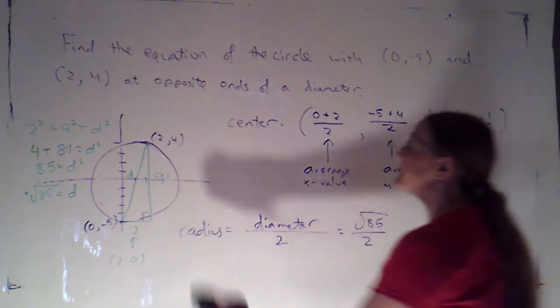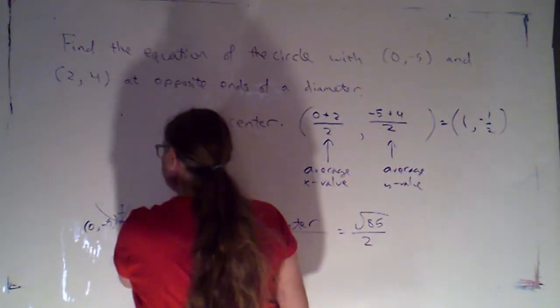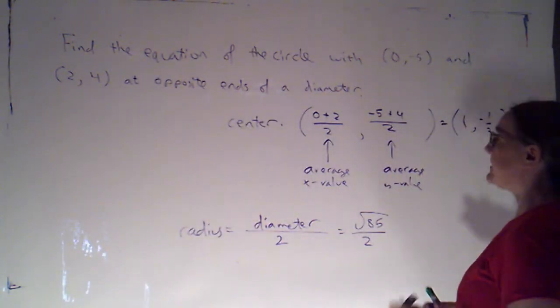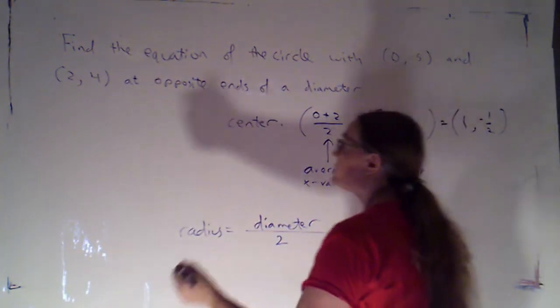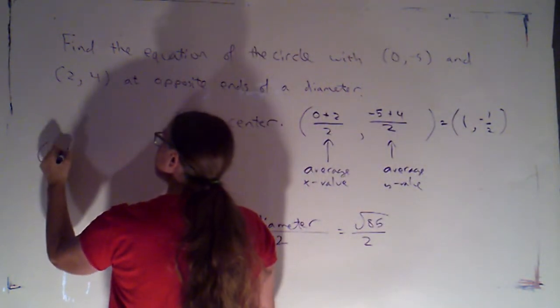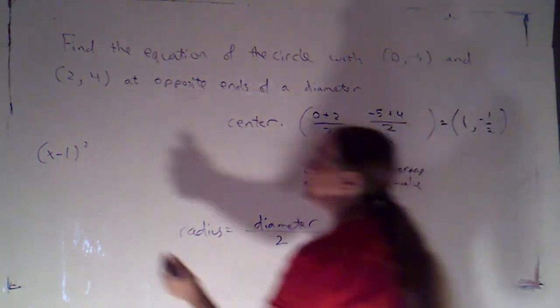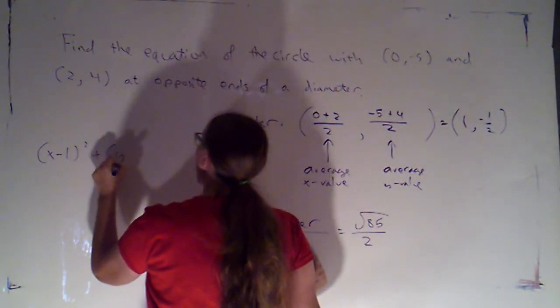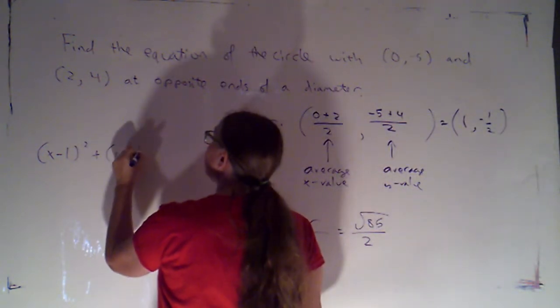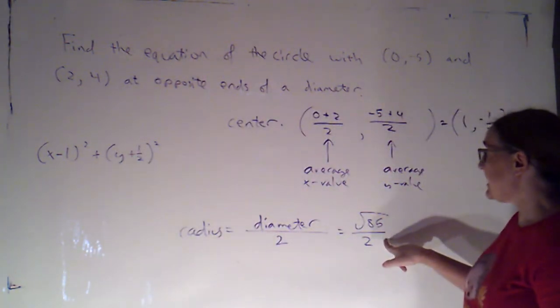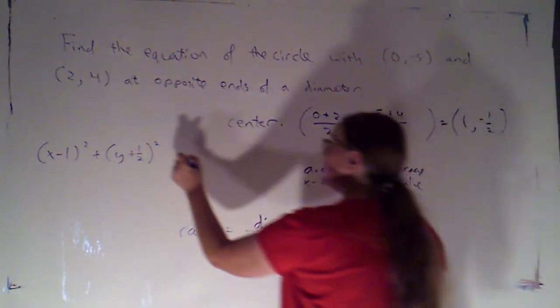Okay, so now I can go ahead and write in the equation for this circle. It's going to be x minus 1 squared. So I'm subtracting the x value of the center, plus y minus a negative 1/2 will become y plus a half squared, is equal to, now I've got to square this.